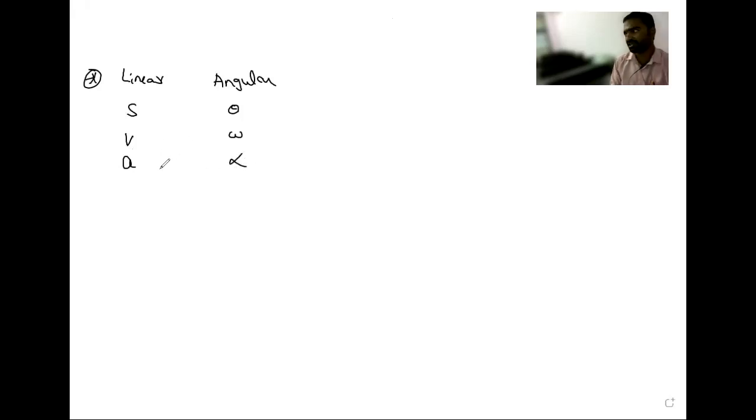Again, you have seen equations of motion, linear motion and angular motion. Is it correct? Yes. Next, you have seen the relation between the linear and angular. Linear displacement S is equal to R times the angular displacement theta.